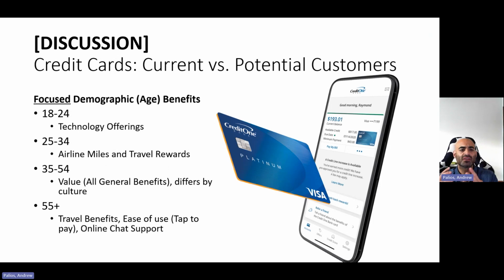So in the example of credit cards, to go from a current customer to becoming something that is appealing to a potential customer, what credit cards want to do is look at different demographics. So in this example that you're seeing, we're showing demographics broken out into age. Now, demographics as far as age is very common.